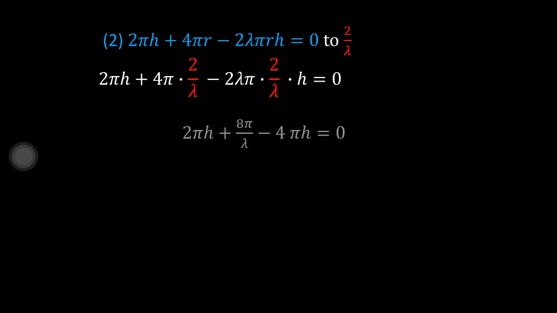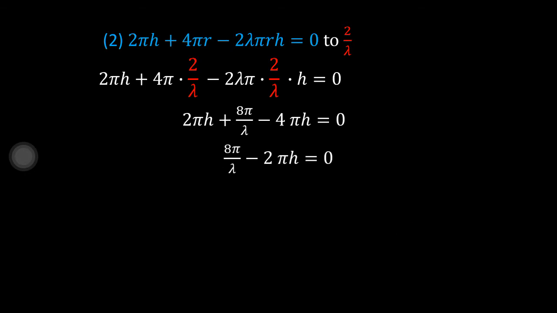So, 2 pi h plus 4 pi times 2 over lambda magiging 8 pi over lambda minus 2 lambda pi multiplied to 2 over lambda magiging 4 pi h na lang siya kasi cancel out na natin yung lambda at lambda.